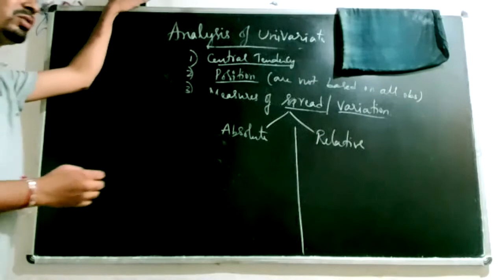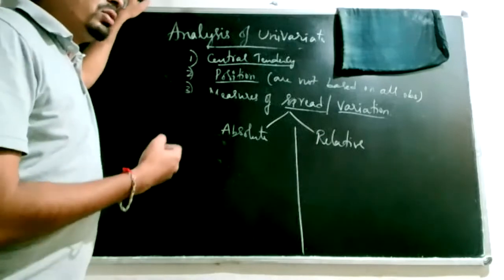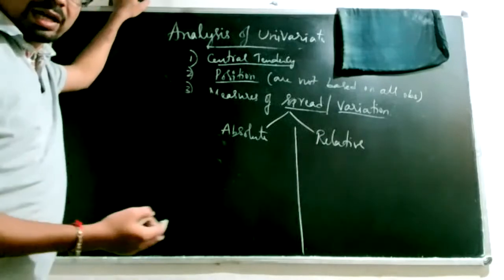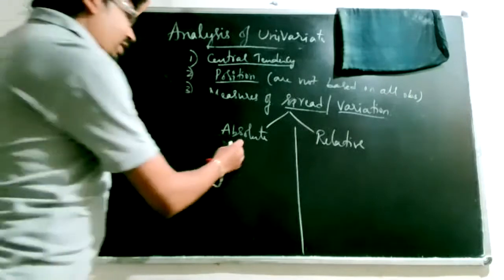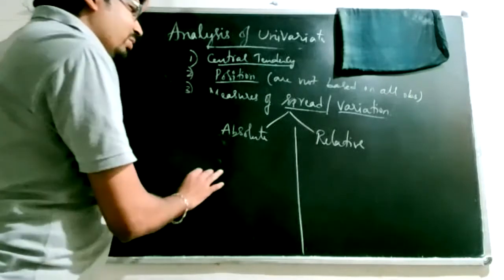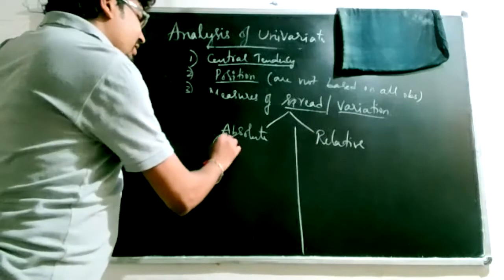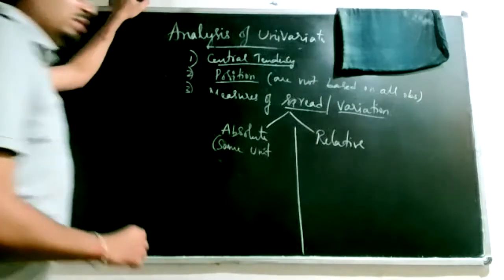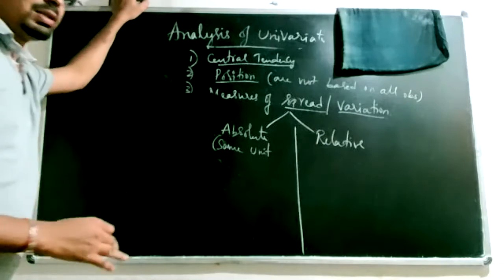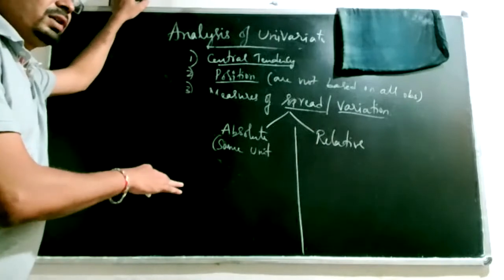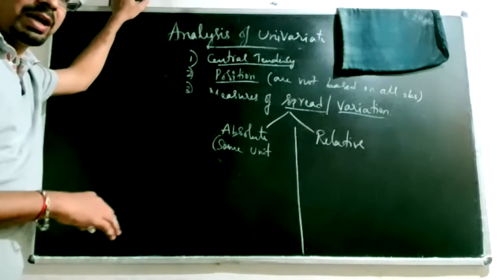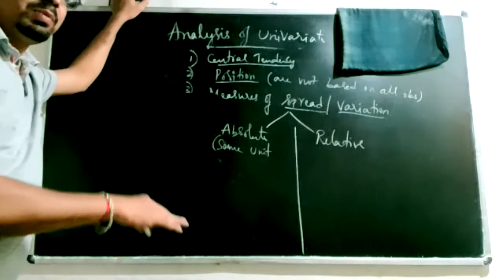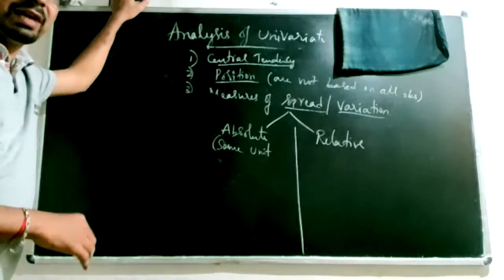Distributions could be different based on the units of measurement, based on the time of collection. So if you want to compare distributions which have the same unit of measurement, like say you have taken two sets of marks, maybe marks of first BSc for the past 5 years, marks of second BSc for the past 5 years.